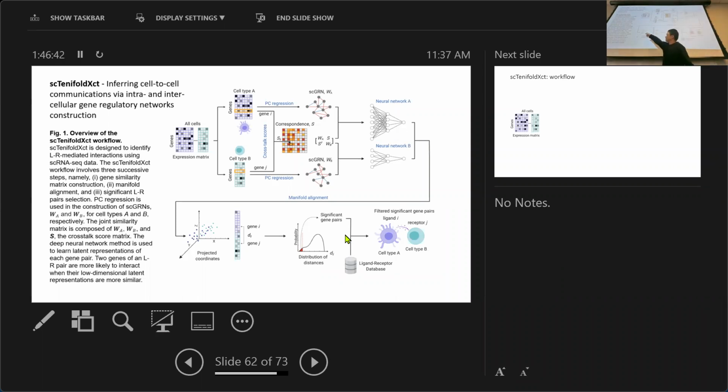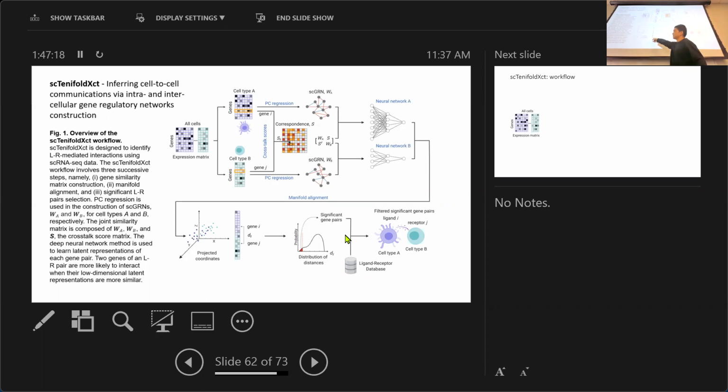Here, each dot represents a gene from two different cell types. The purple dot is a gene from the purple cell type, and this blue one is a gene from cell type B. Once we have the low-dimensional representations of genes from the two cell types, we project into the 3D space.